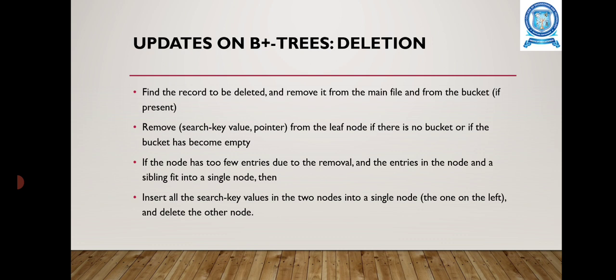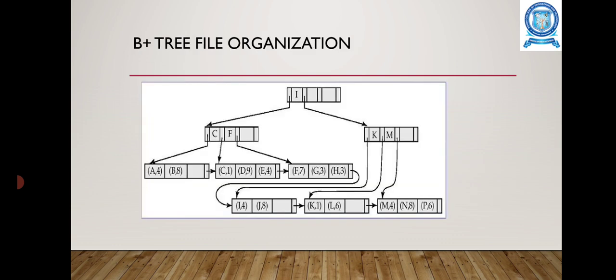If the node has too few entries due to removal, and the entries in the node and its sibling fit into a single node, then insert all the search key values into one node and delete the other node. This is the B-tree file organization.